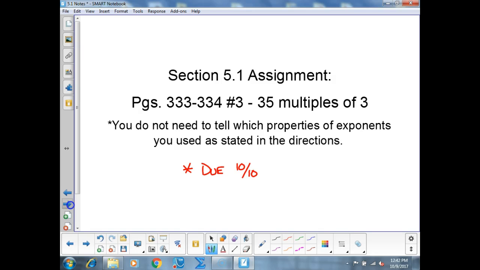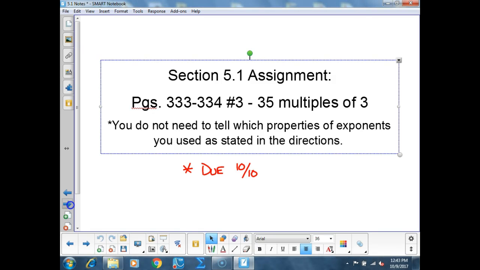He'll be here. He can collect it just the same. A couple of things about it. Remember, you're doing multiples of 3. So 3, 6, 9, 12, 15, 18, 21, 24, 27, 30, 33. I don't know why I went to 35. We should only have gone to 33 there. Silly goose.